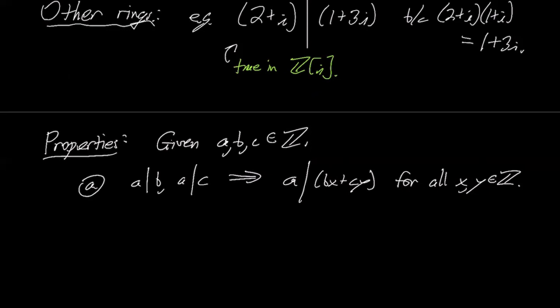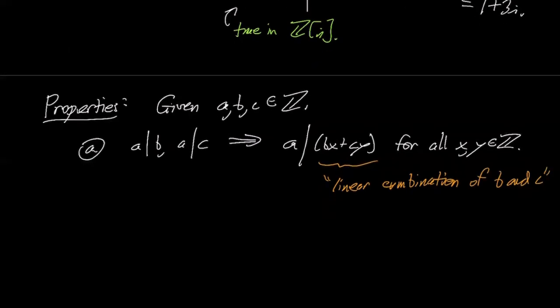There's a word for this, which I'll mention: this is a linear combination of b and c. So if b and c are multiples of a, then bx plus cy is also a multiple of a for any x and y.